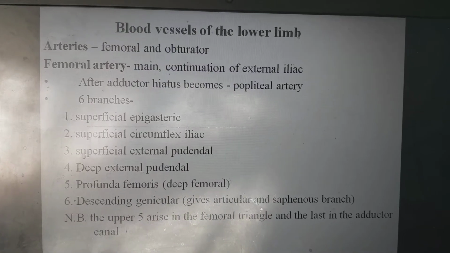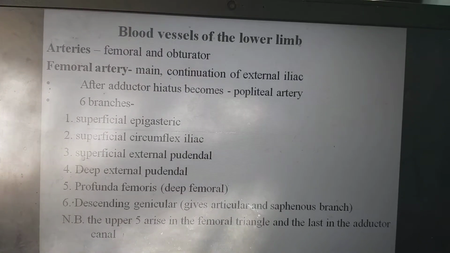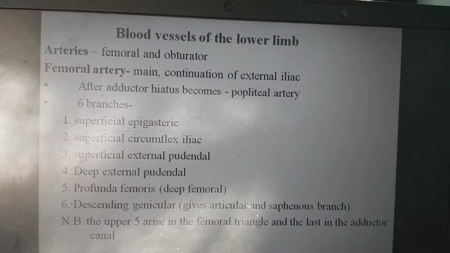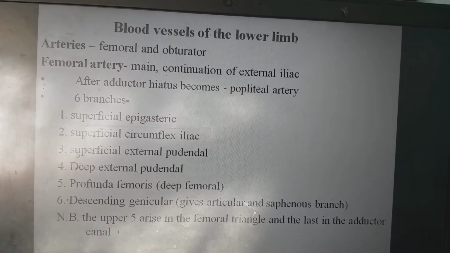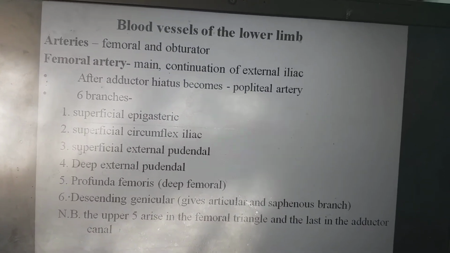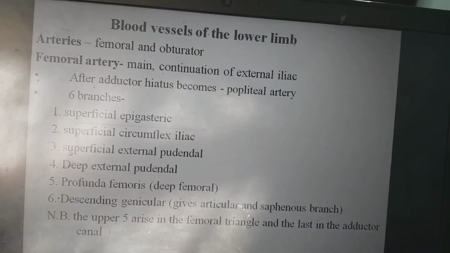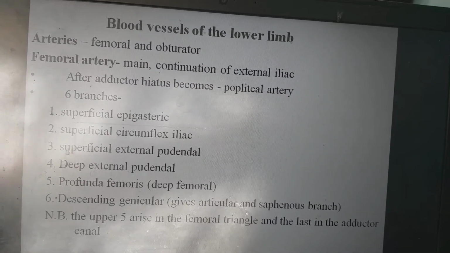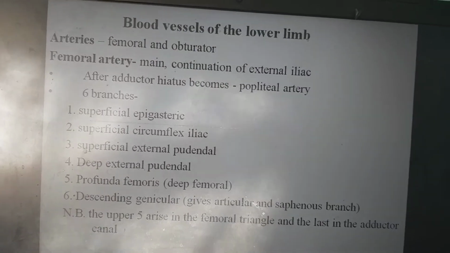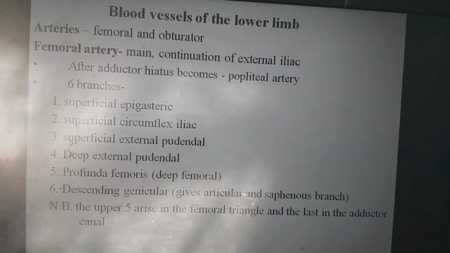Below the arm, the brachial artery terminates as the ulnar artery and radial artery. Then they form the arcuate artery. Finally, dorsal metacarpal, and superficial and deep metacarpal arteries. Then they form the proper digital artery. So we have seen from the origin up to the tip of the finger.